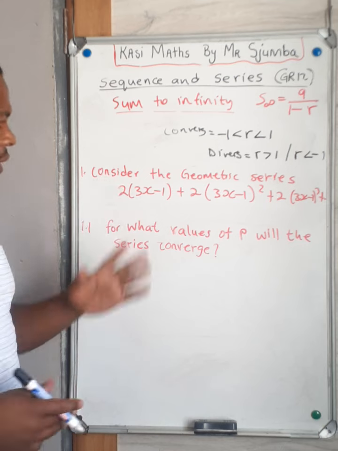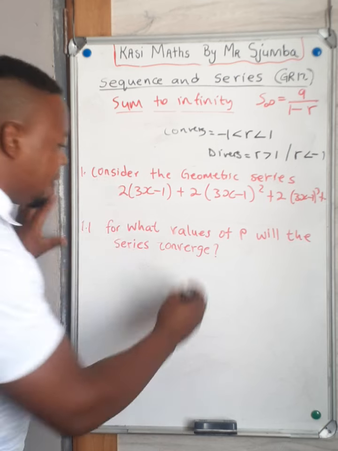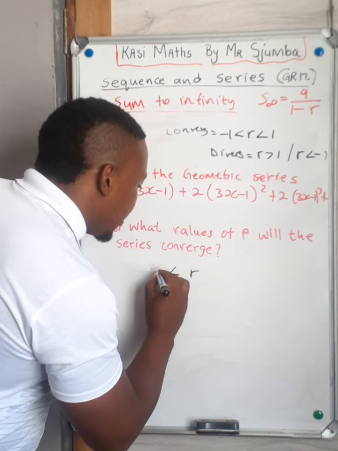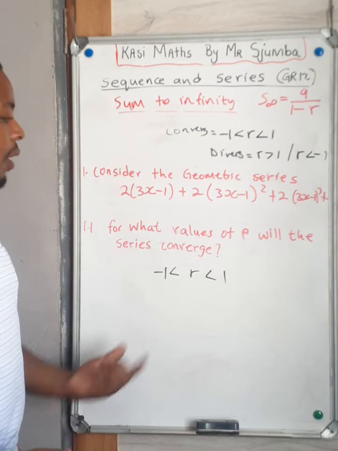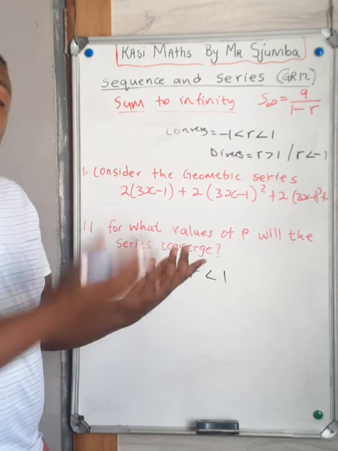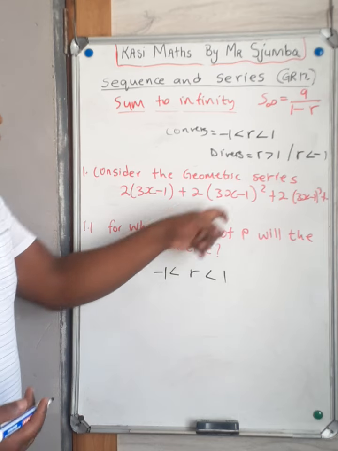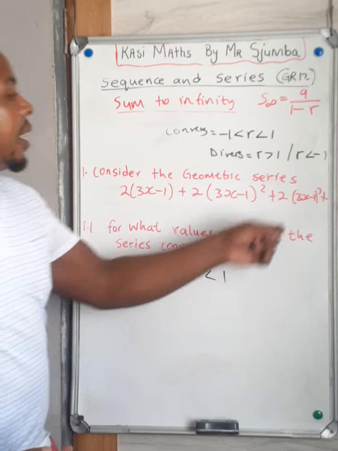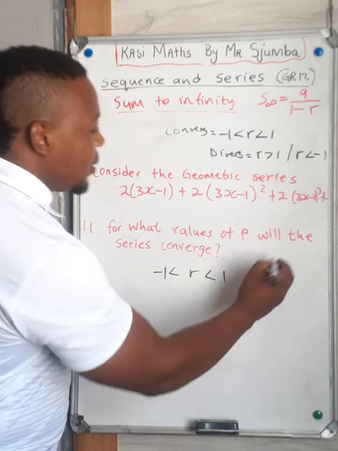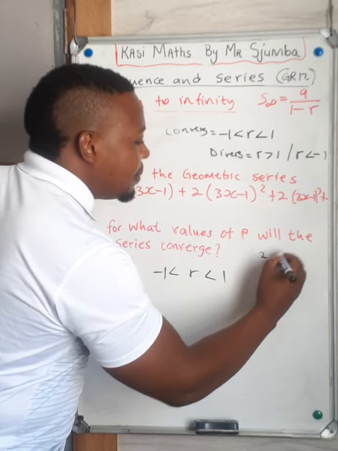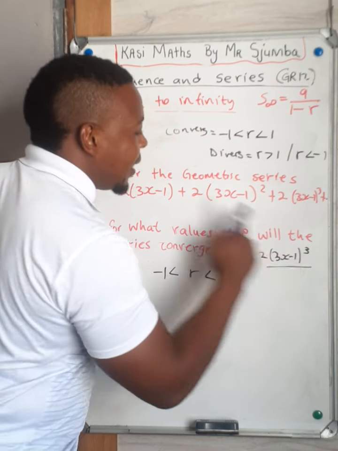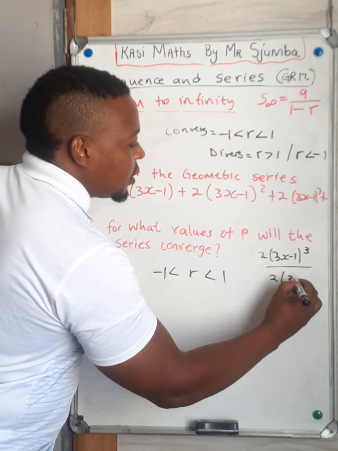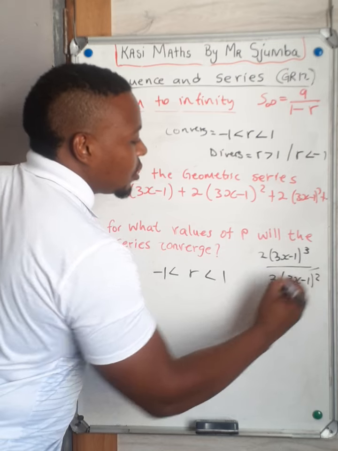First things first, in a question like this, the series will only converge if R is greater than -1 and R is less than 1. And then you must go and find R. How do you find R? This divided by this, or we can say that divided by this. Let's find R here on the side. Term 3, which is (3x minus 1) cubed, divided by term 2, which is (3x minus 1) squared.